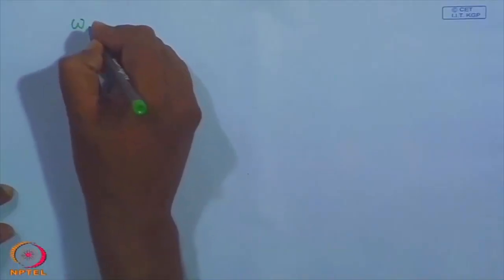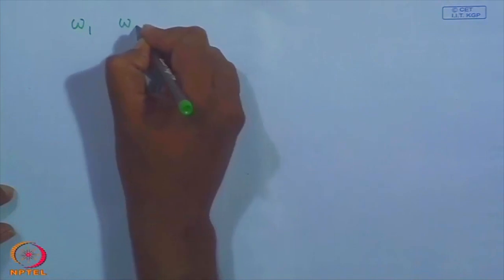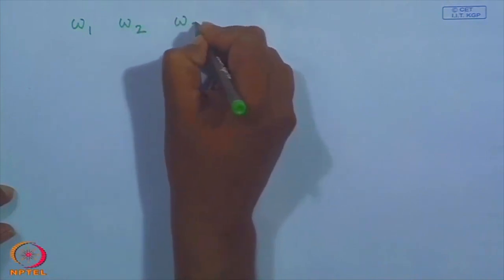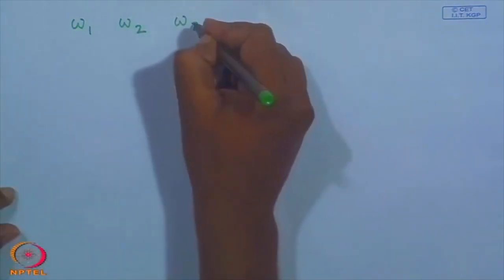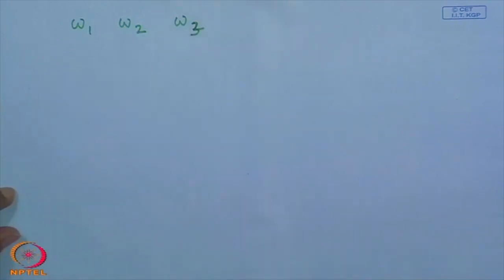I assume that I have got three classes, say omega 1, omega 2 and omega 3.